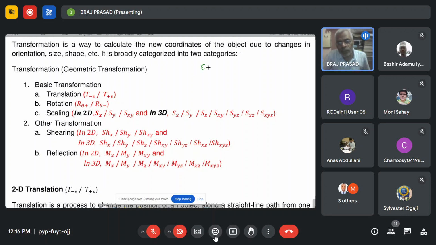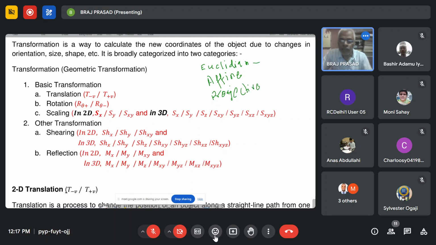First is called Euclidean, second is called affine transformation, and third is called projective method.